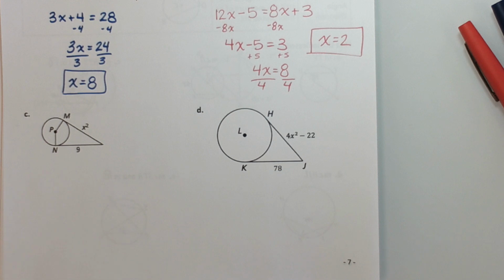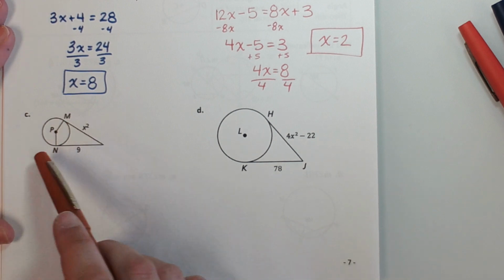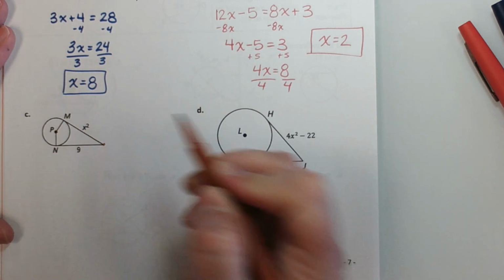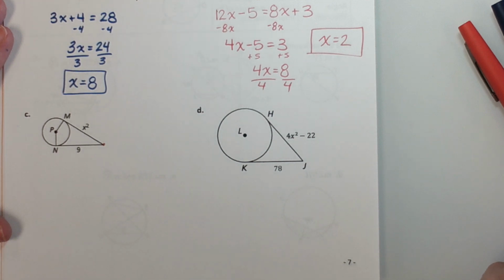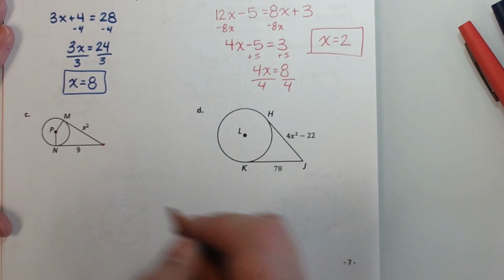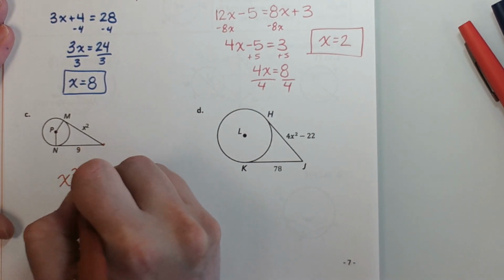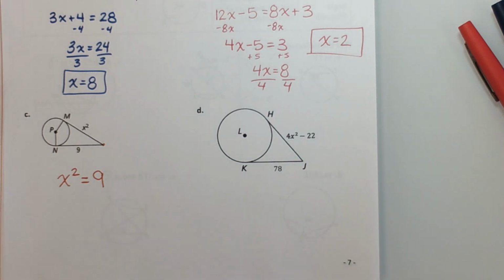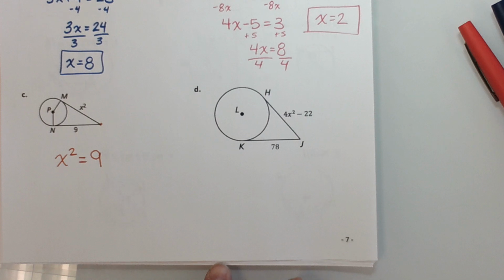Okay, again, we're going to step it up another little notch. Problem C. Are those tangent segments? They hit the circle out here at the same point, which means I can set them equal. x squared is equal to 9?